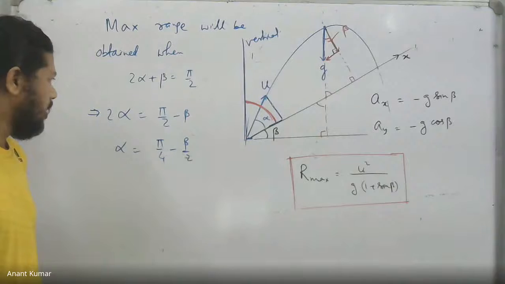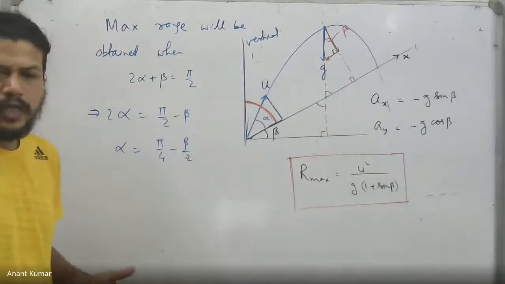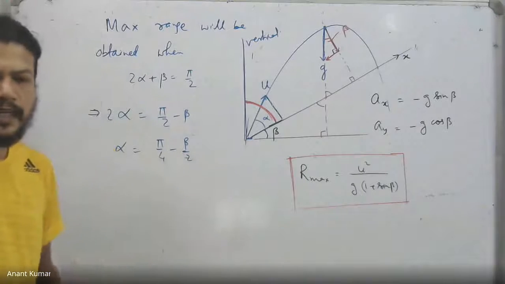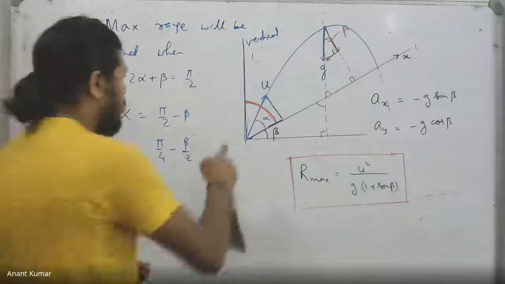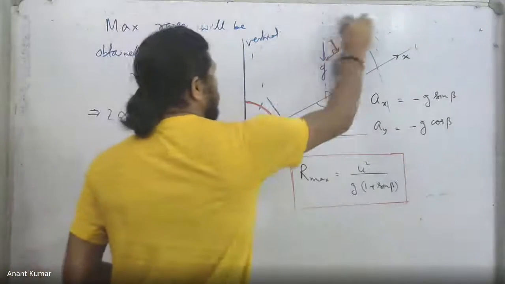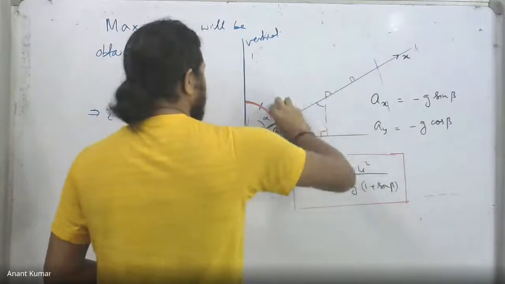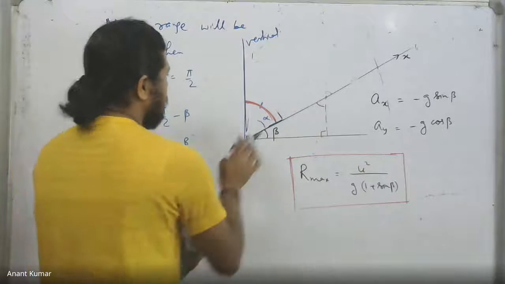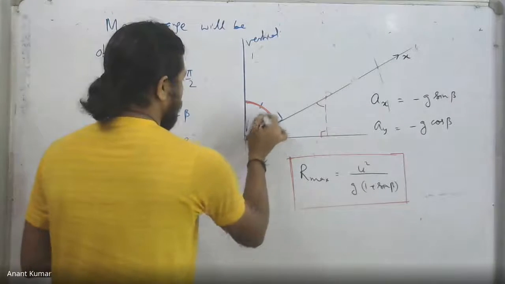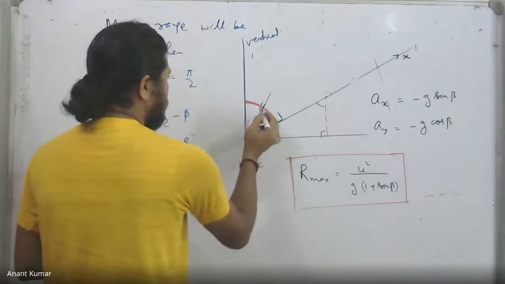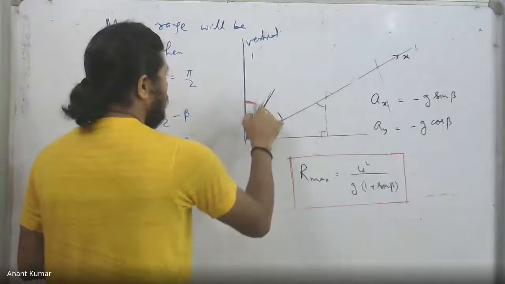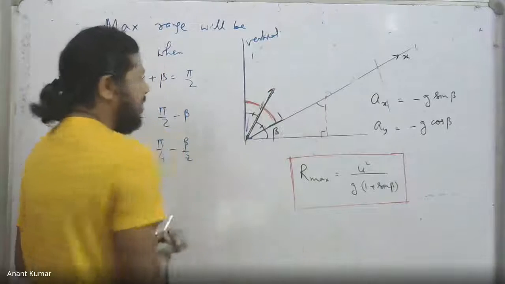So, if I want the range to be maximum, I need to throw it along the angle bisector of this angle. Let's throw the projectile along the angle bisector. These two angles are equal. If I throw it in this direction, only then is the range going to be maximum.